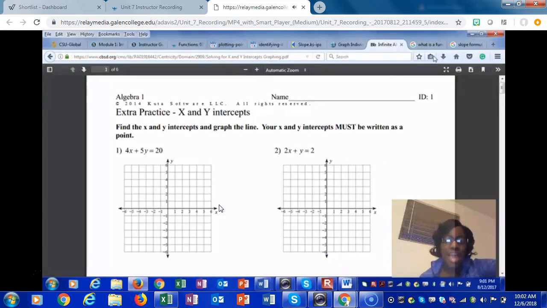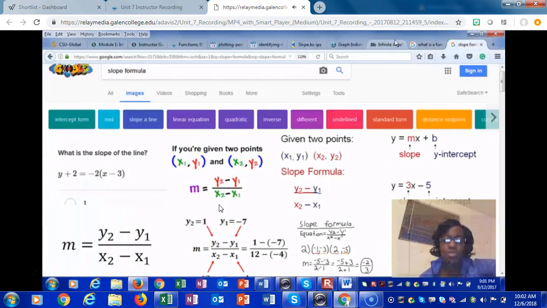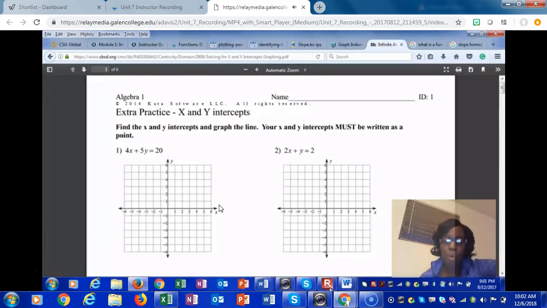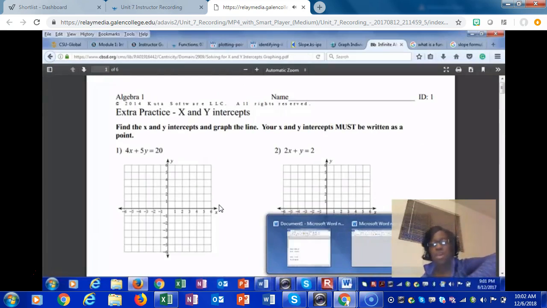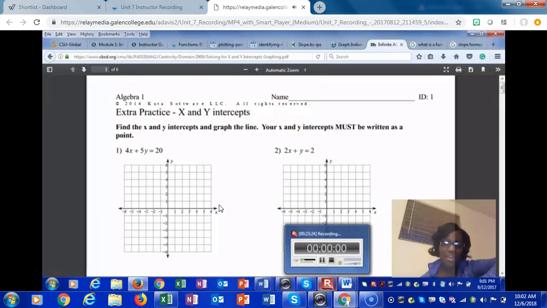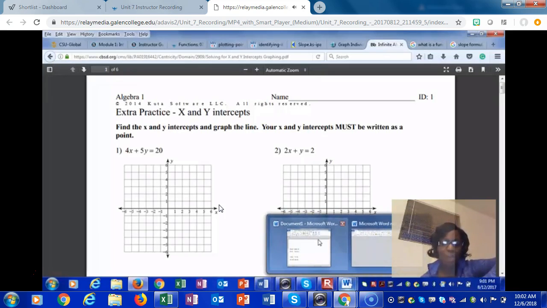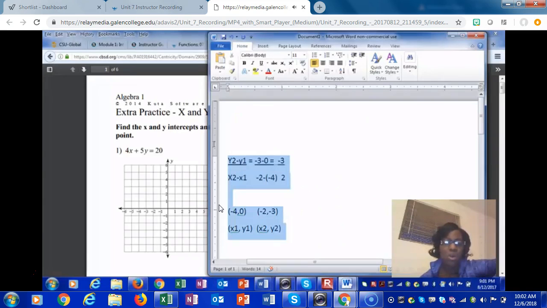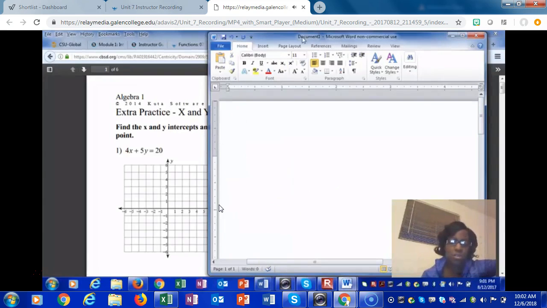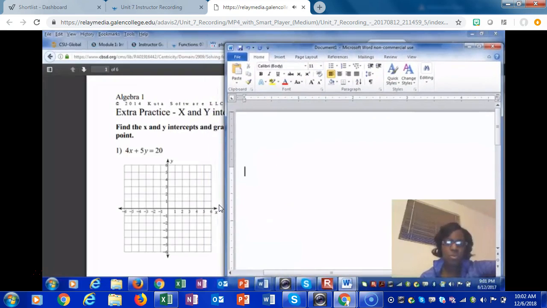All right, next, how do you graph points with just intercepts? I'm going to try to get this in here because I don't want the video to run out before I'm able to do this. So let me erase all of this. 4x plus 5y equals 20. And I'm going to write this out as detailed as possible.